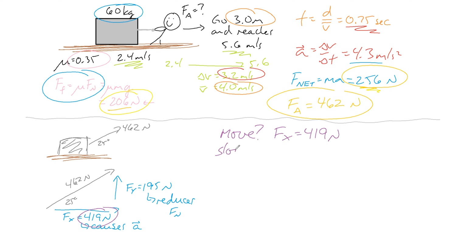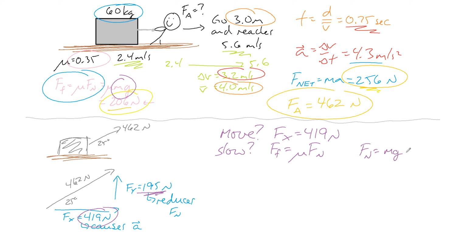Okay, so that's fine. Well, how much is trying to slow it down? That's where friction kicks in. Friction is equal to mu Fn. Now, before, Fn was just the weight of the box, but Fn isn't just going to be the weight of the box anymore because he's also pulling up with 195. So if I wanted to find my new Fn, I can start with the mg. There's nothing wrong with that.